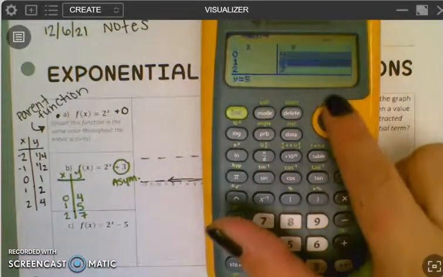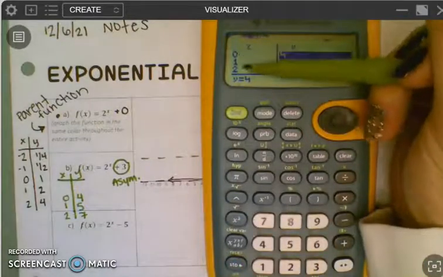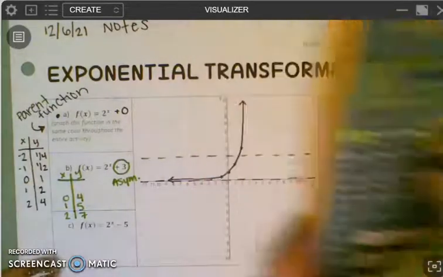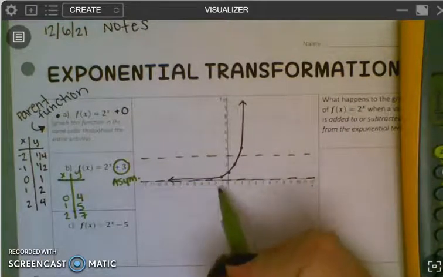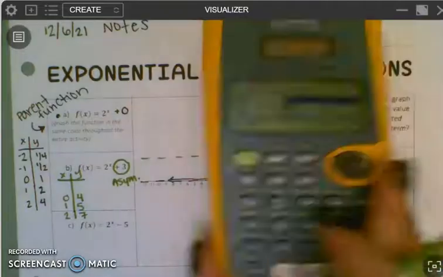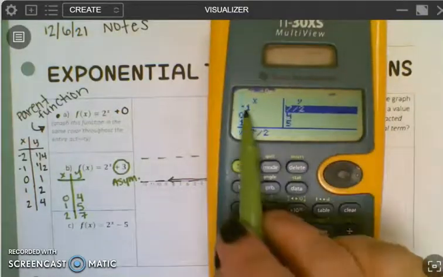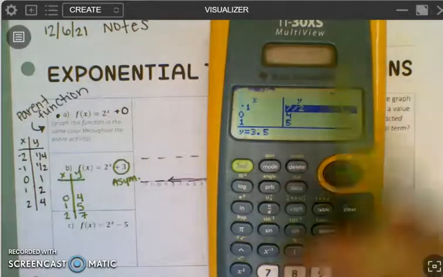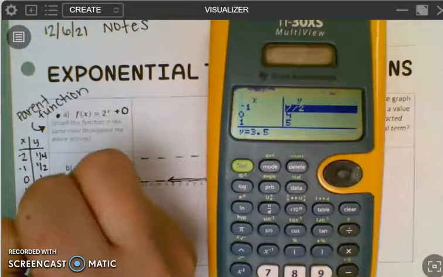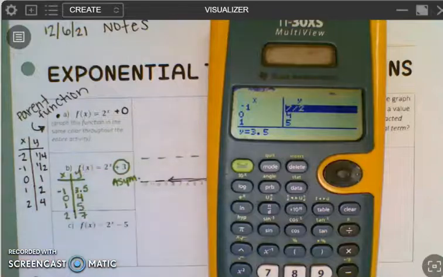Then I'm going to go the other way because I always need points on both sides. If you think of a number line, you have 0 in the middle, you want a couple points to the right and a couple to the left. So -1 is to the left of 0. We already said that 7/2 is 3.5. So -1 is 3.5.